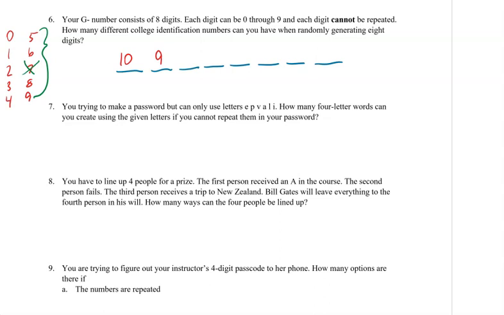So the next one has 9 choices. Again though, we just used another digit, so let's say we used 1 this time. Now there would only be 8 numbers left to choose from. But that uses another, let's say 3. That leaves us with 7 numbers to choose from.